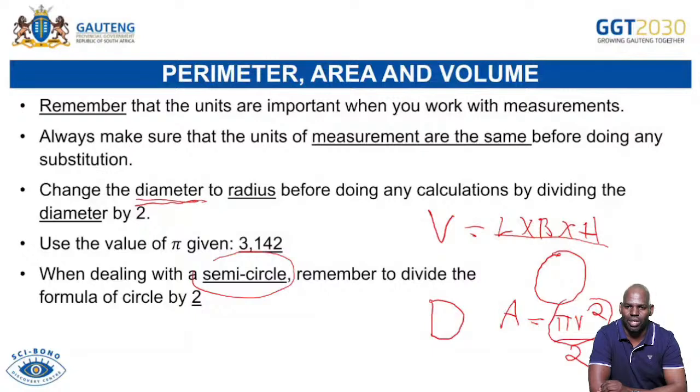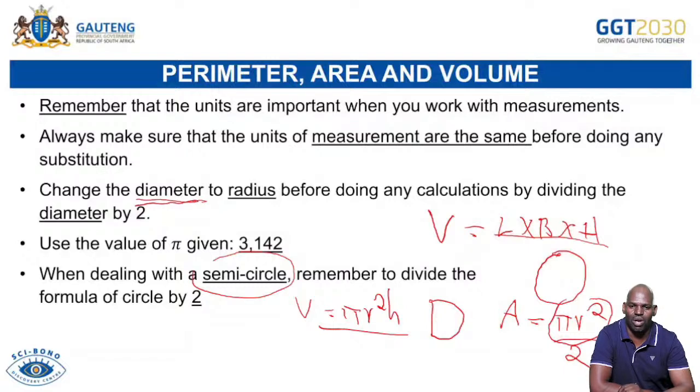Okay, very important. The same thing with half of a cylinder. If it's half of a cylinder, we know that volume equals to pi r squared h, okay, you're going to use this formula for a full or a complete cylinder. So what do you do after that? If it's half of a cylinder, then you just take this one, you divide everything by 2.